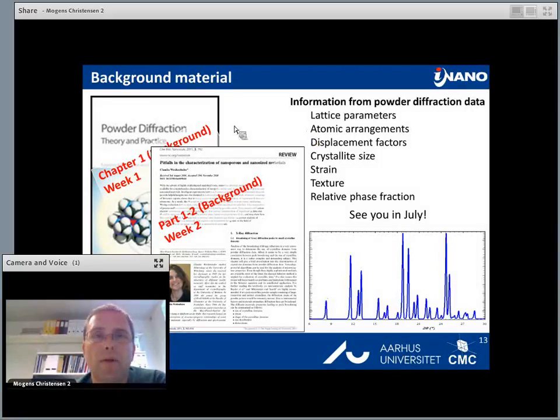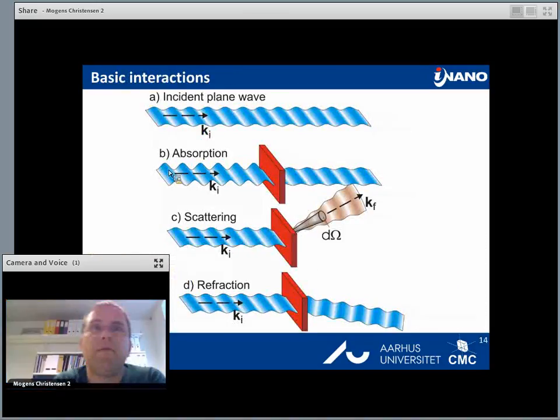Some other literature that I have given you is Pitfalls in the Characterization of Nanoporous and Nanosized Materials. This gives a very good introduction to nanomaterials, and this will be the main topic in the second week. Basically, you can imagine 3 different kinds of interaction between a particle and a material. If you have an incident wave with a wave vector ki, it propagates through space. One of the simplest things you can imagine is absorption.